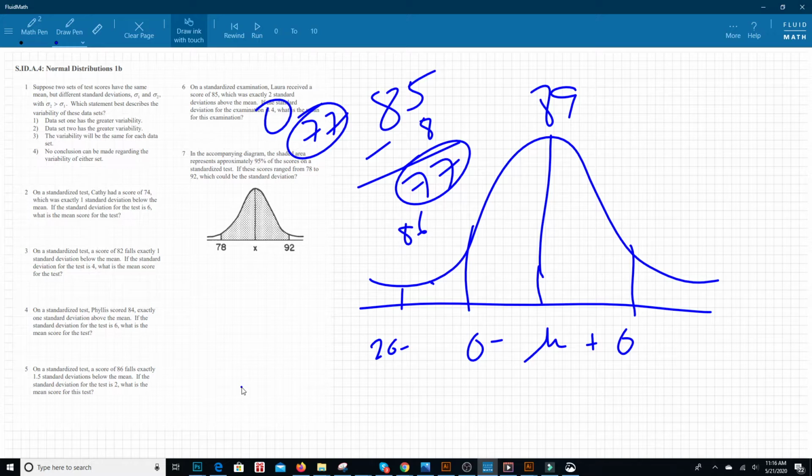Any questions yet? I mean, whoever is here. Then it's question 7.